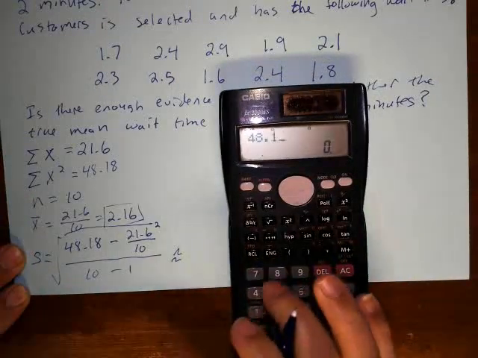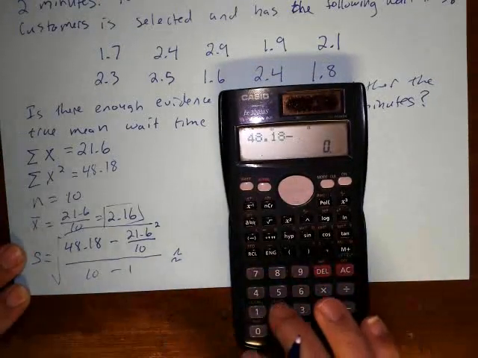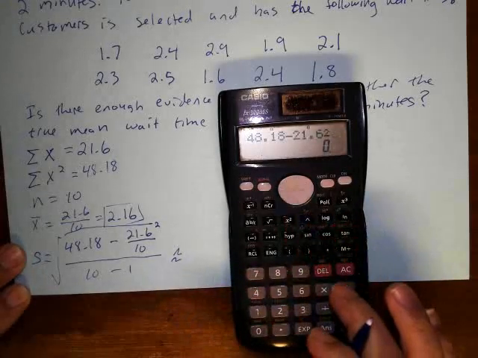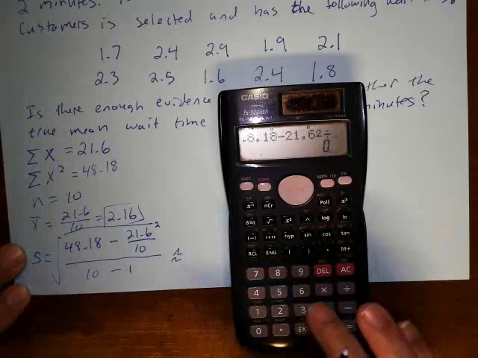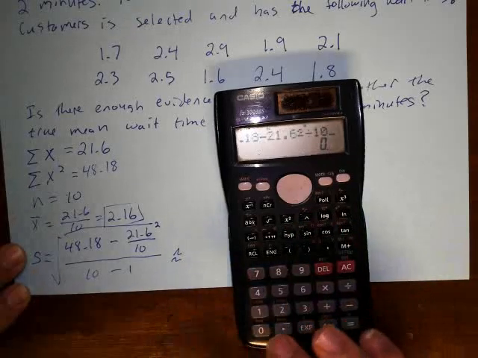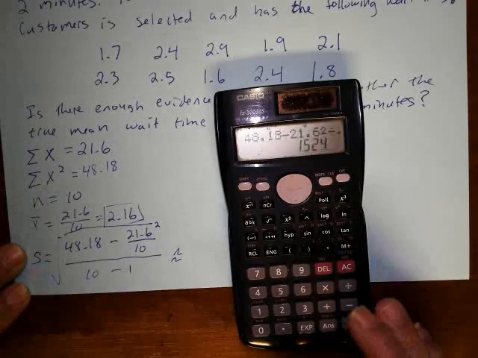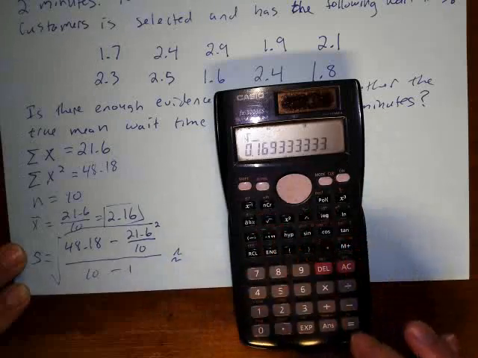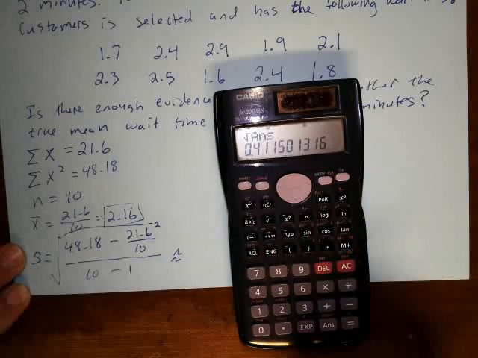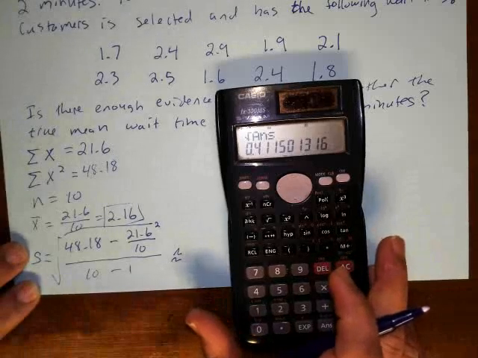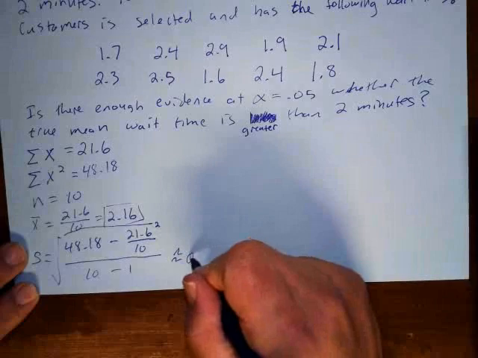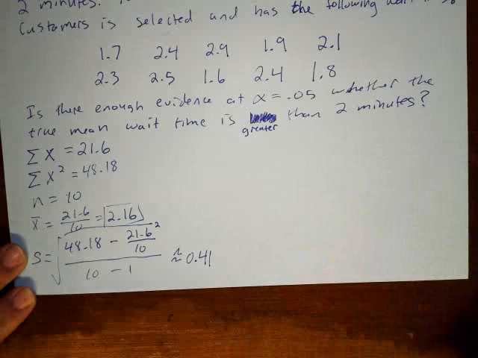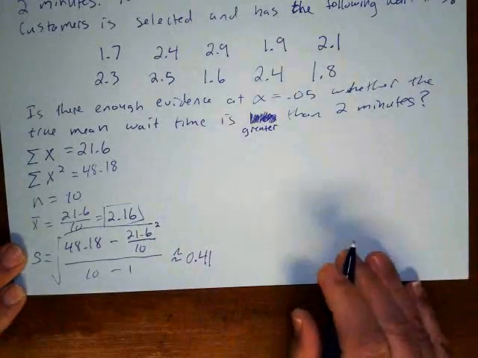So 48.18 minus 21.6 squared divided by 10, hit equals, divide this by 9, hit equals, take the square root, hit equals, and I get 0.41. I'm going to round to 2 decimal places. 0.41. Okay, and so there's my mean and standard deviation.